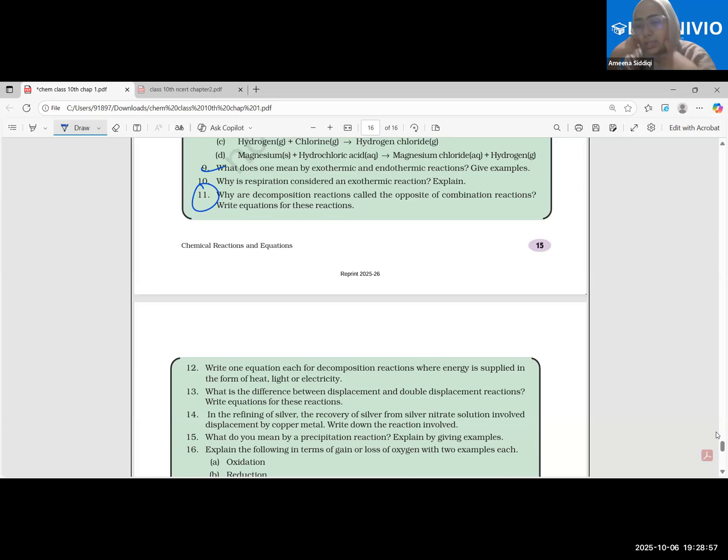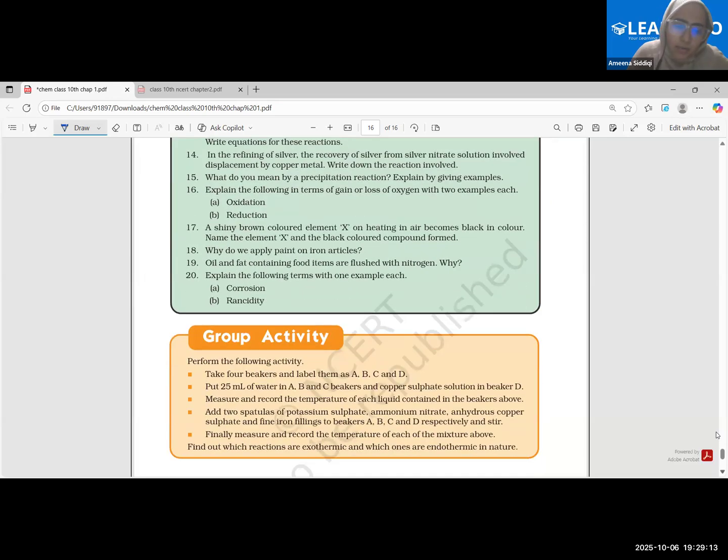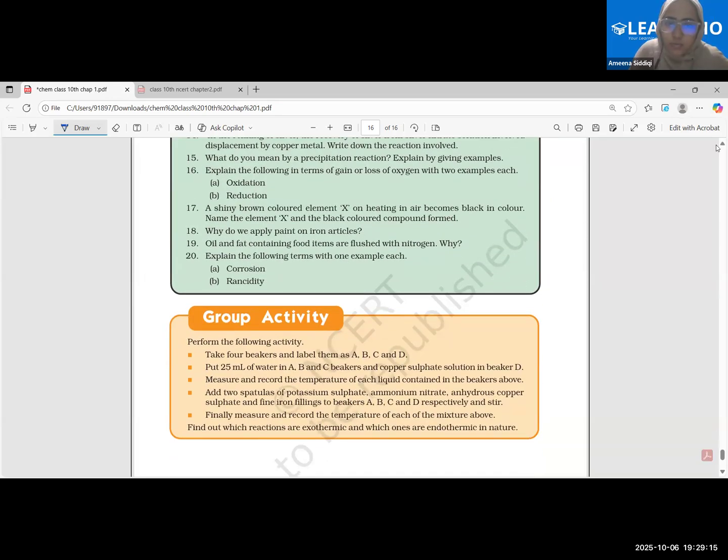So one reactant in the decomposition reaction and more than two products, whereas in a combination reaction, one product and more than two reactants. Clear? Okay, that's it. We'll continue this inshallah in the next class. Just a few points.